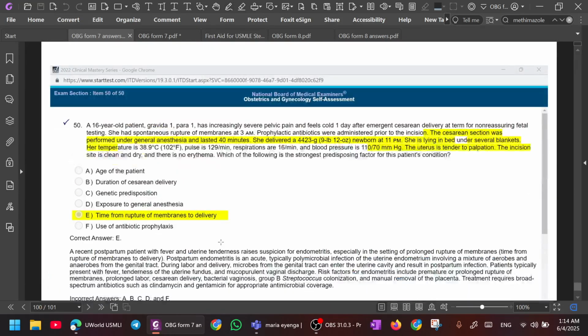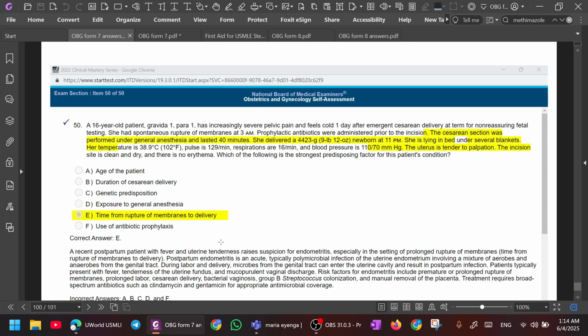A 16-year-old patient, Gravida 1, Para 1, has increasingly severe pelvic pain and feels cold one day after emergency cesarean delivery at term for non-reassuring fetal testing. She had spontaneous rupture of the membranes at 3 am. Prophylactic antibiotics were administered prior to the incision.